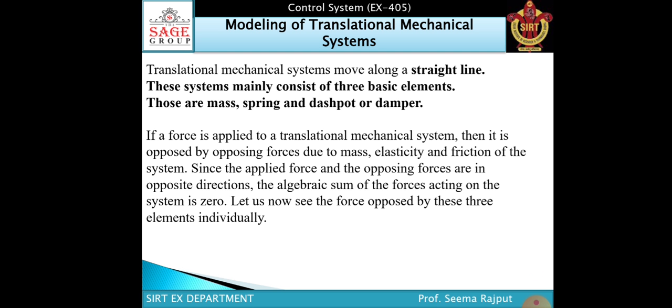Okay, if a force is applied to a translational mechanical system, then it is opposed by opposing forces due to mass, elasticity, and friction of the system. Since the applied force and opposing forces are in opposite direction, the algebraic sum of the forces acting on this system is 0.